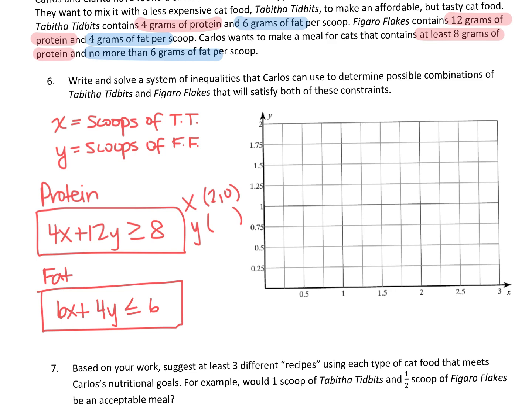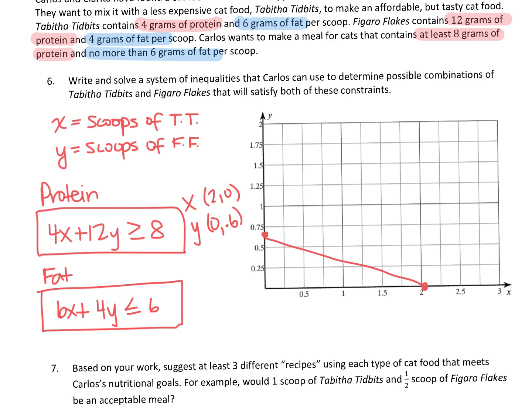I think that's like 0.66, so 0, 0.6. Let's graph my first one. I go there, and right about there, and then I put a solid line, and this one will get shaded above. I'm going to wait to shade until I have the other one on, and then I'll see where the double shading is.